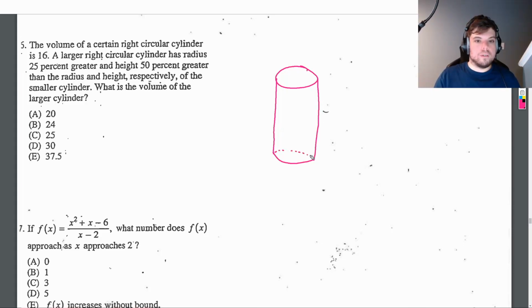And there's our right circular cylinder. So it means it's not on any sort of angle. It's a normal circular cylinder. The volume is 16. A larger right circular cylinder has a radius that's 25% greater and a height that's 50% greater than the radius and height of the smaller cylinder.